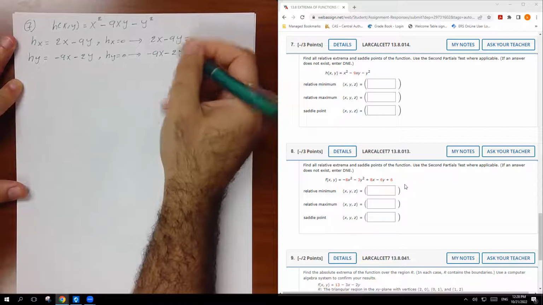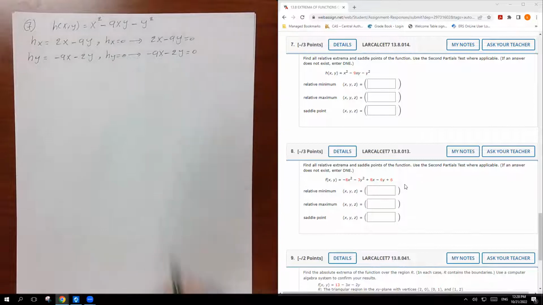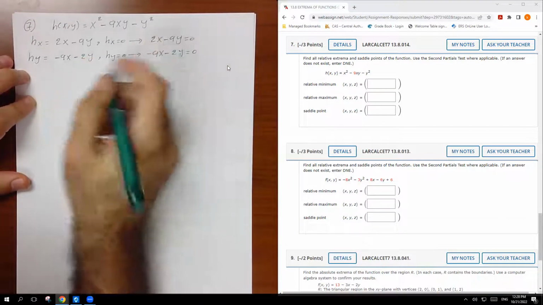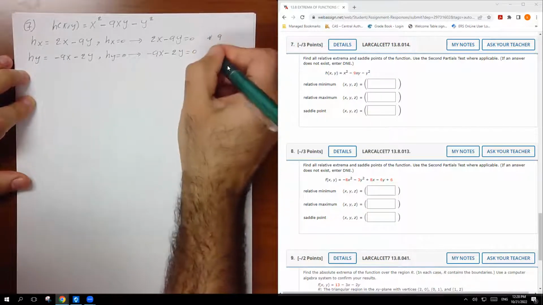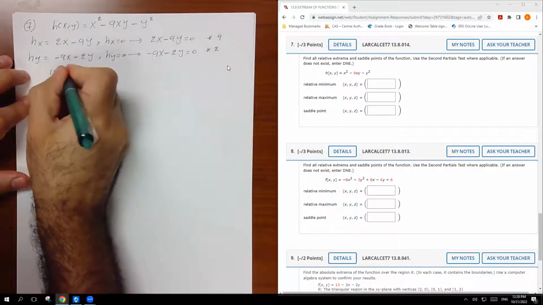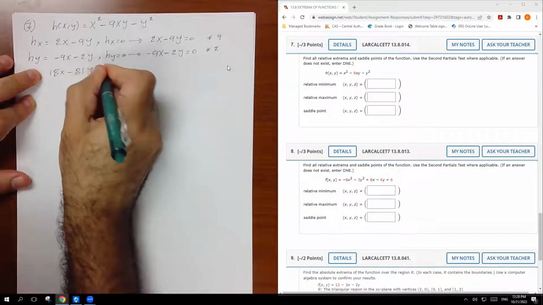Now I have two equations. It's a system. I need to solve the system to find the value of x or y. So what I'm going to do, I'm going to multiply the first one by 9 and the second one by 2. So the first one is going to be 18x minus 81y equals 0.